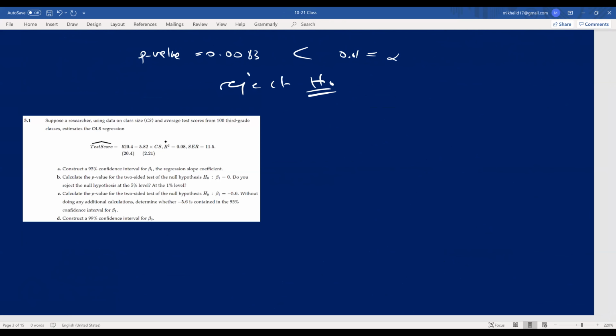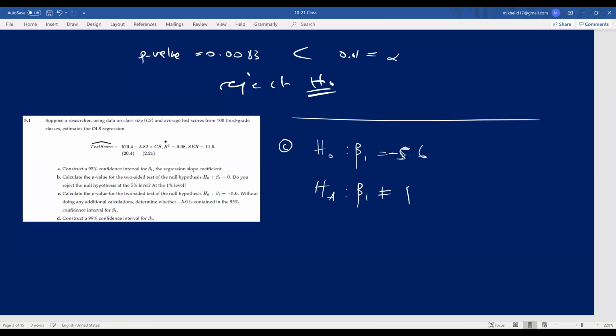Now, part C. Now we are testing whether H null is beta 1 equal to -5.6 and H1, or H alternative, is that beta 1 is not equal to -5.6.